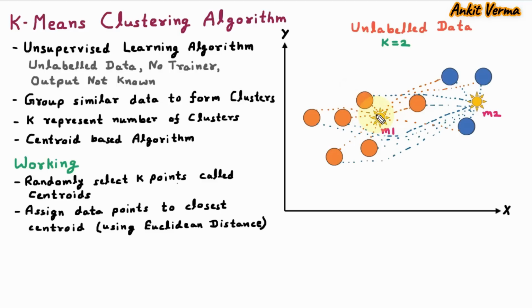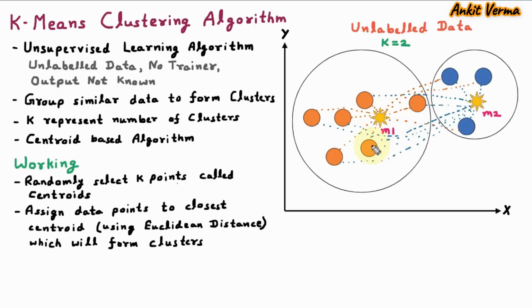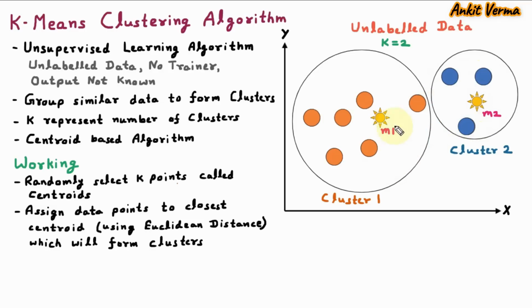The lesser the distance, the more it belongs to that centroid. And these are going to form the clusters. Centroid M1 with its data points is making cluster 1. And centroid M2 with its data points is making cluster 2. These are the two clusters which are created.